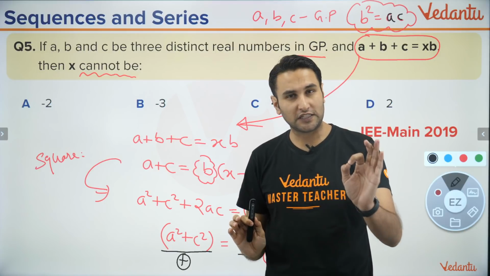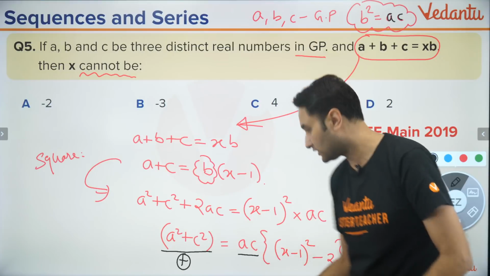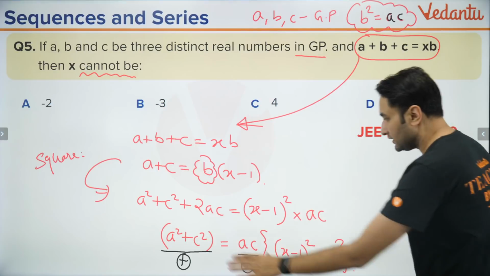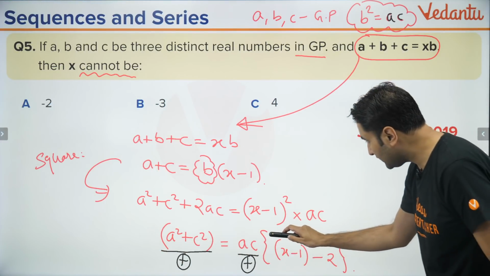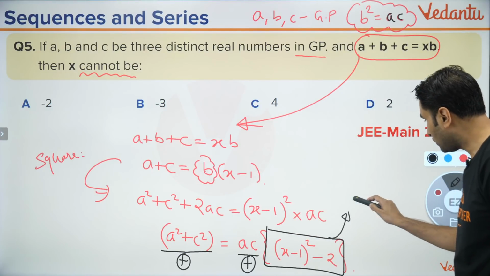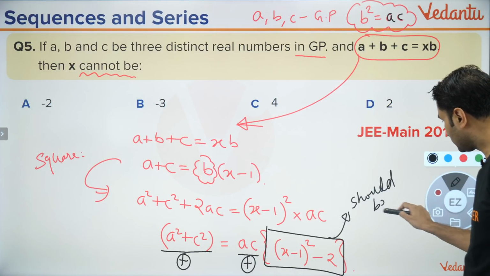Agree? Since B square is equal to AC and B square is positive, so AC is also positive. Now this is positive, then obviously this thing should also be positive.